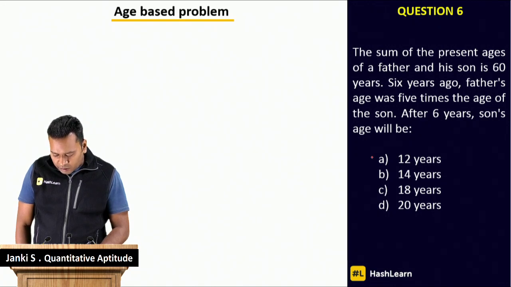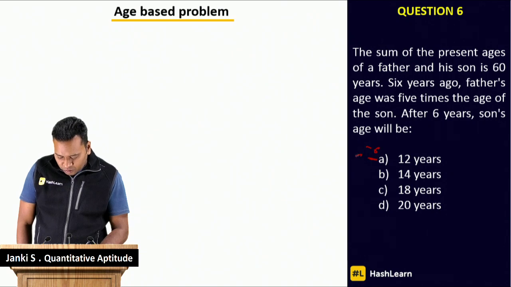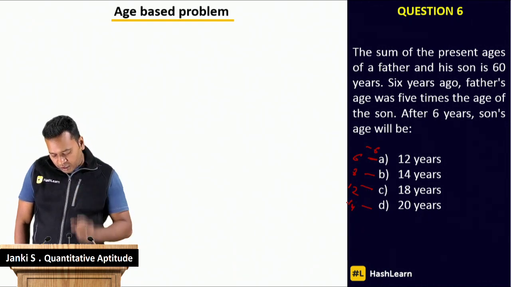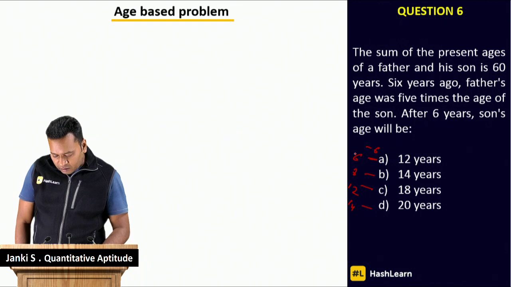So here, according to this, my condition is if I subtract 6 from these values, right? So 6, then 8, then 12, and then 14, right? Suppose these are the ages available. So these are nothing but the present age. So present age of son is nothing but 6.